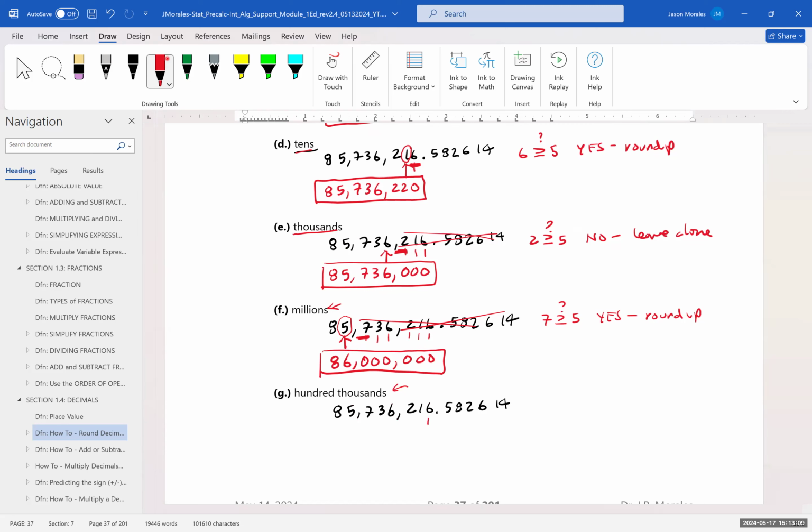So we've got ones, tens, hundreds, thousands, 10,000s, 100,000s. Underline the digit to the right and ask, is 3 greater than or equal to 5? The answer is no. So leave the rounding digit alone. So we're going to leave this 7 alone. So we have 85,700,000. Just like that.